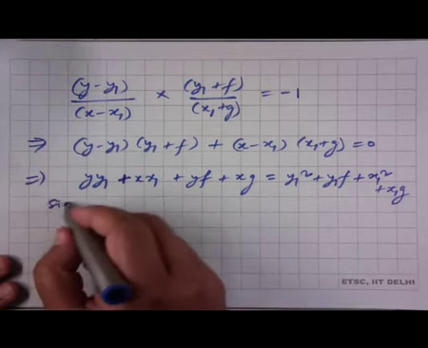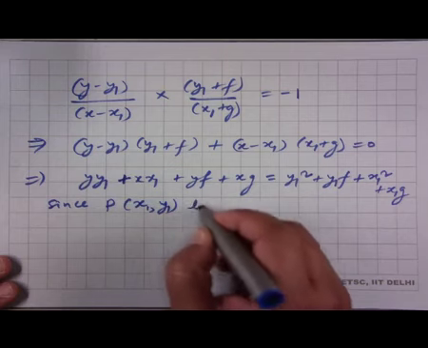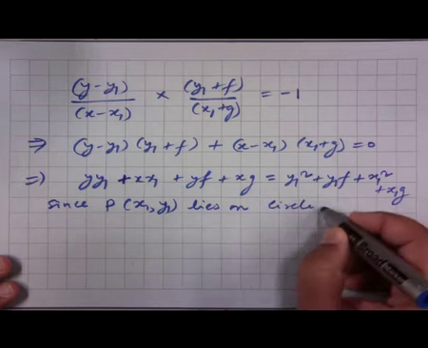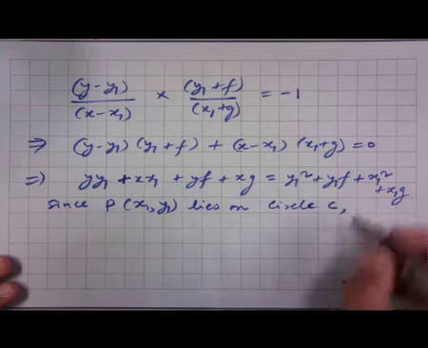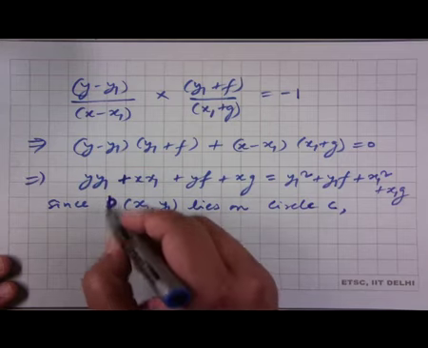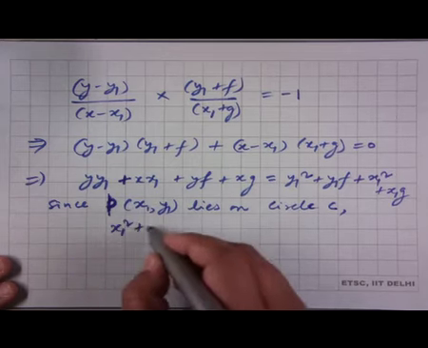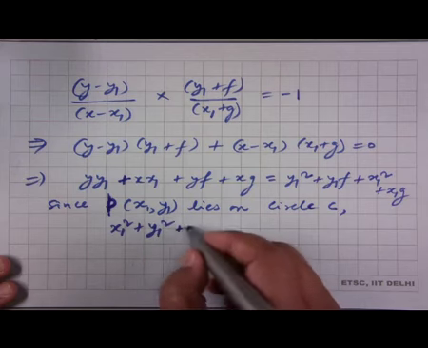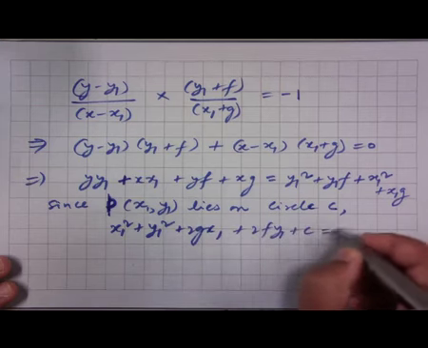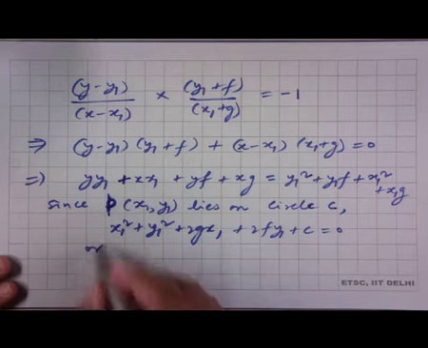but since the point P lies on the circle C, the coordinates of this point P must also satisfy the equation of the circle, and therefore this must be true.